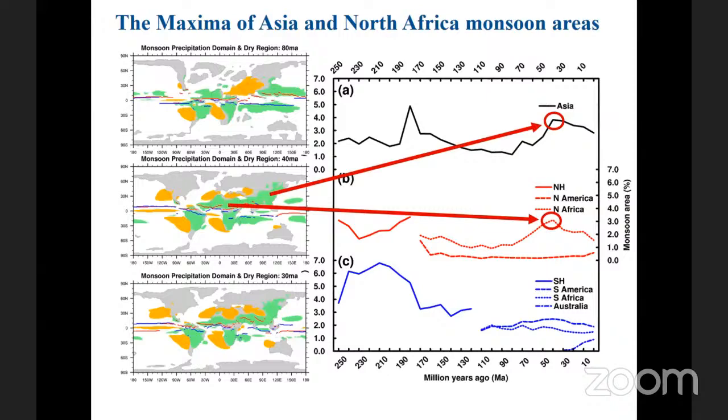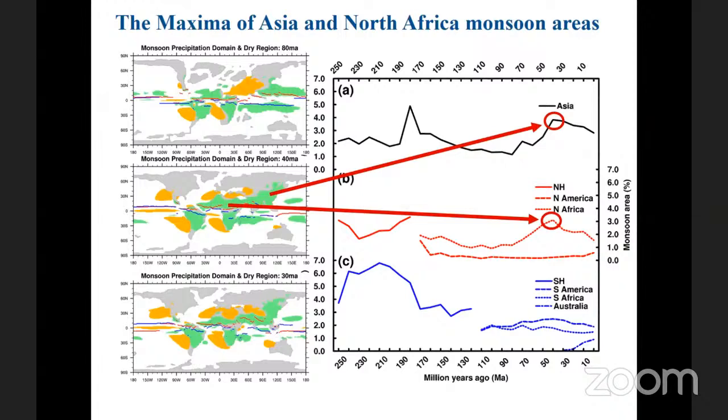However, for either 80 MA or 30 MA, the monsoon area is smaller. That's because at 40 MA, the Indian continent had already combined with the Eurasian continent. However, the Tibetan plateau was still not rising yet. So that's why we can see such a large monsoon area over Asia.